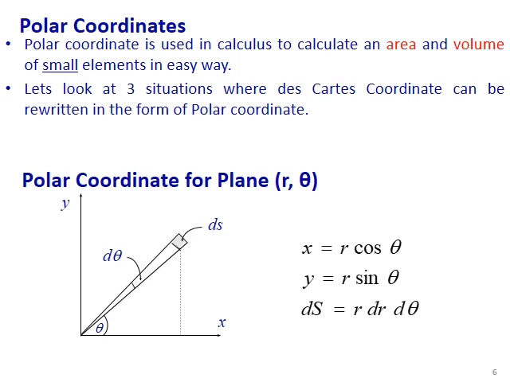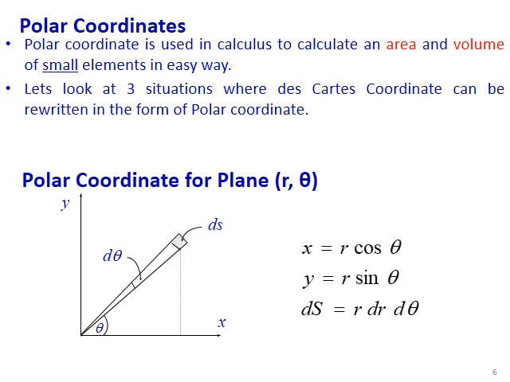In semester 1, level 1, mathematical foundation, one of the applications of integration is to calculate area and volume, right? We find, as an example, the integration of the area under the curve, you find the area, and part of it is polar coordinates, which is used to find area and volume.